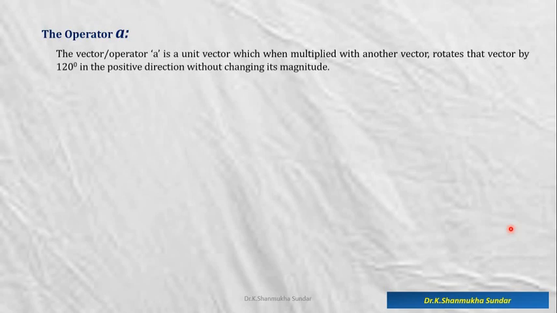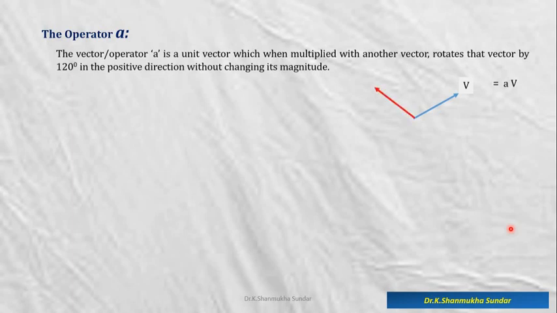That is, let us consider this is some vector. Assume it is a voltage vector we are having here. Now when this voltage vector is multiplied with an operator A, that is AV, this will make this voltage vector rotate through an angle of 120 degrees.